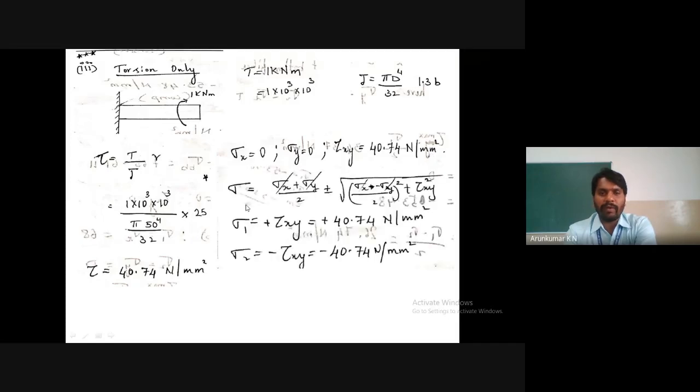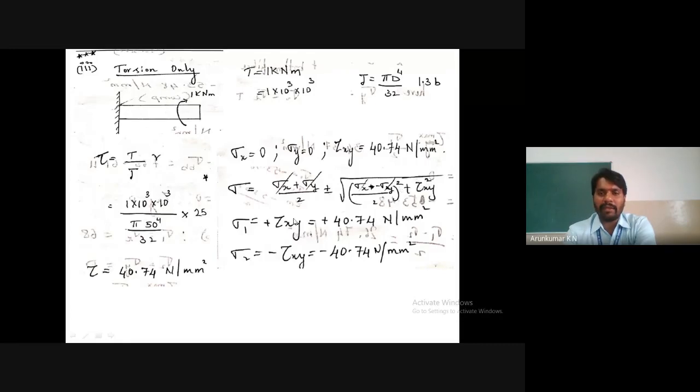In this case, we need to find the maximum and minimum principal stress. For this, we use the equation for the plane stress system, which is (sigma x plus sigma y) by 2 plus or minus the square root of ((sigma x minus sigma y) by 2) whole square plus tau of xy square. Here sigma x and sigma y are 0, remaining with the square root of tau of xy square.